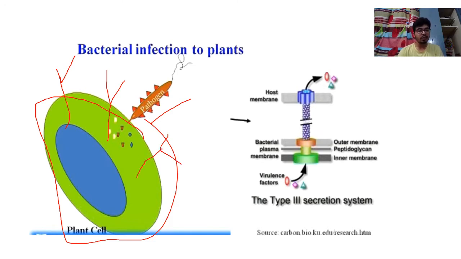These pathogens start secreting toxins, and these toxins have the capacity to interact with these receptors, and the receptor internalizes them into the plant cell. So again, what is bacteria doing? They are secreting toxins, and these toxins go into the plant cell and disturb its complex system. So this is the mechanism of action of bacteria.